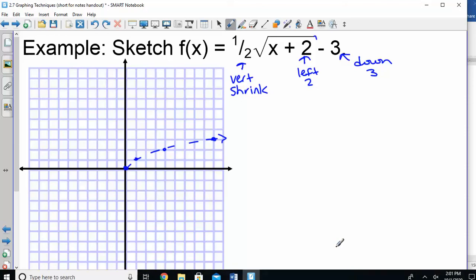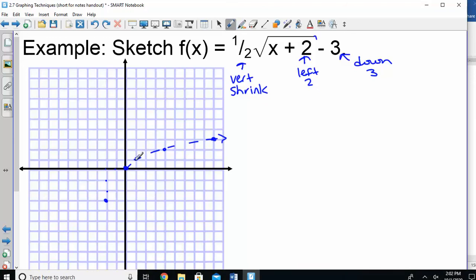So when you're doing these, save the up and down for last. It would make a difference here, but when we have problems that have flips as well, you don't want to flip or move up and down before you flip. It's going to throw things off. So if I start here, vertical is my y. If I take my y times 1/2, it doesn't go anywhere. Then left 2, down 3.